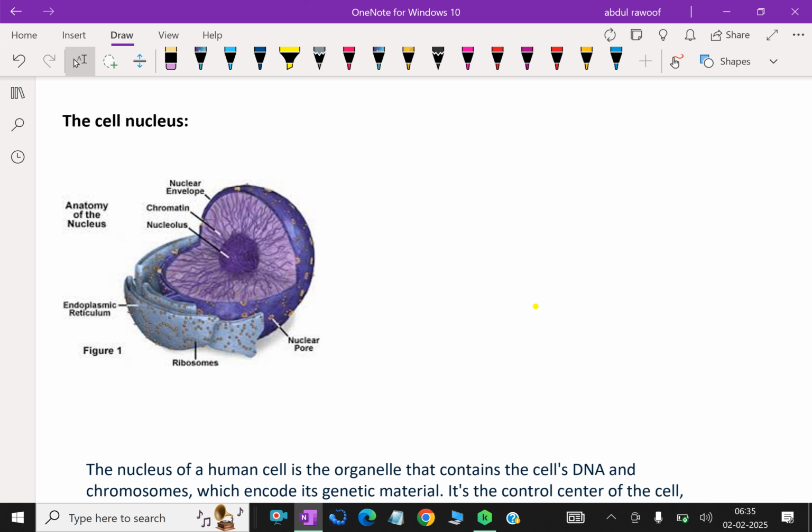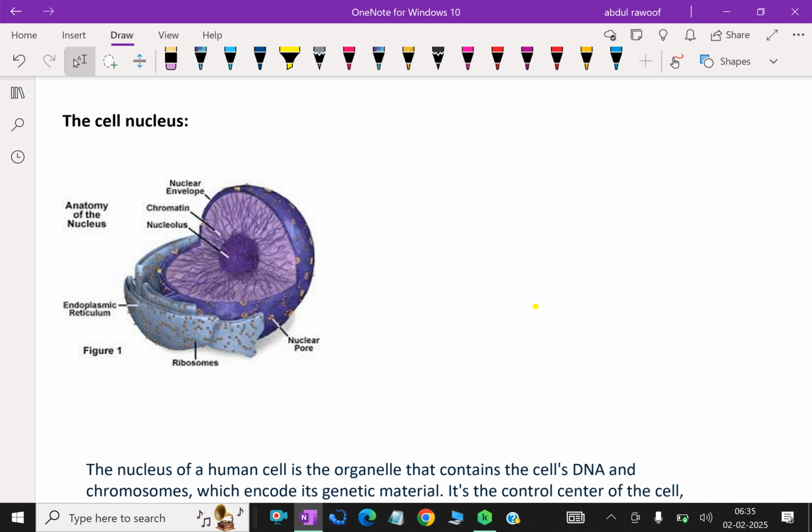The nucleus is the largest organelle and is contained within the nuclear envelope, a membrane similar to the plasma membrane but with tiny pores through which some substances can pass between it and the cytoplasm. The nucleus contains the body's genetic material in the form of deoxyribonucleic acid, that is DNA.